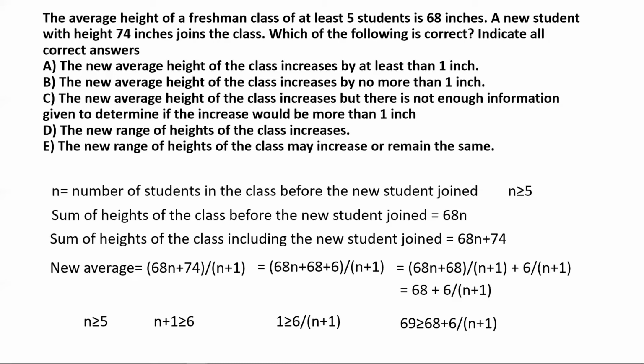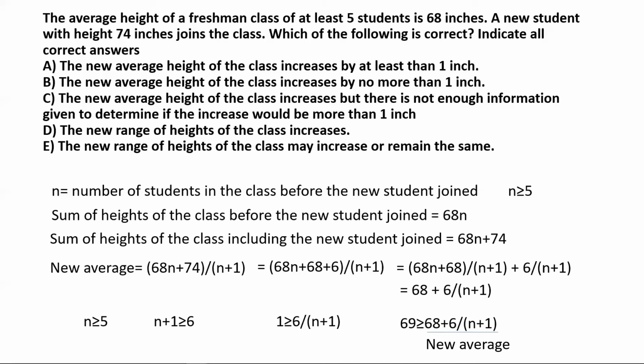And if you notice this quantity here, that's the new average that we just calculated in the previous step. So the new average is less than or equal to 69. That's what this inequality means, and what it means is that the new average would be 69 or less, right?